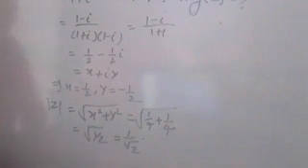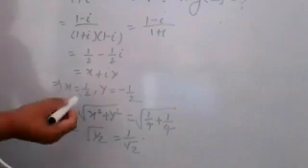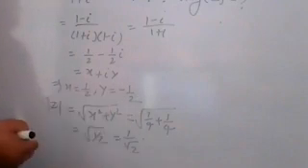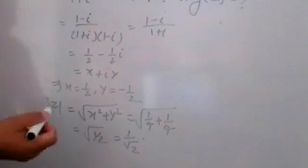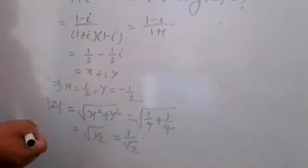Now just see here x is positive and y is negative. So in which quadrant is z lying? X positive, y negative. Fourth quadrant.